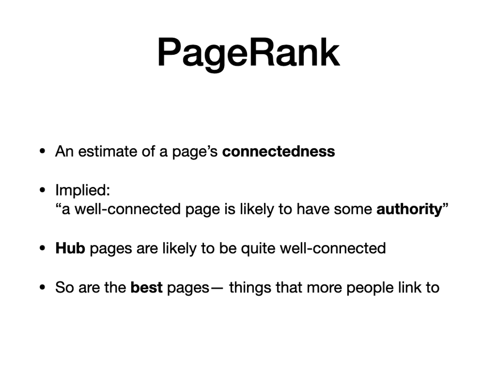A hub page will point to many things, and in turn, many things will point to it. But individual pages will also not necessarily point to a lot of things, but will be pointed to by many things, right?